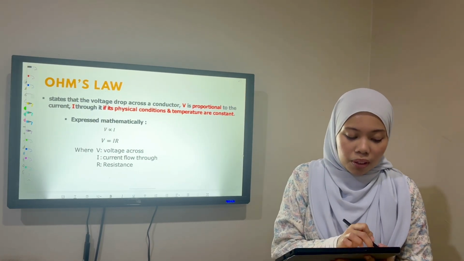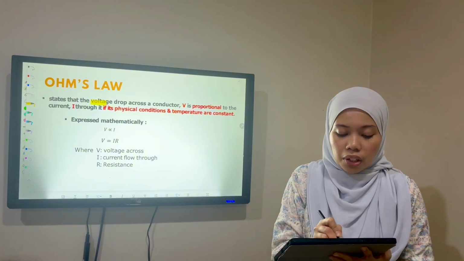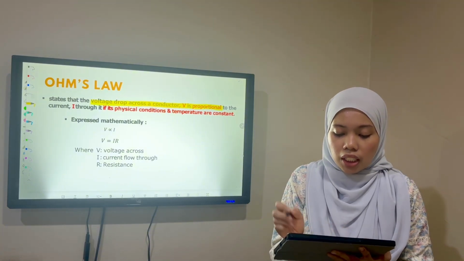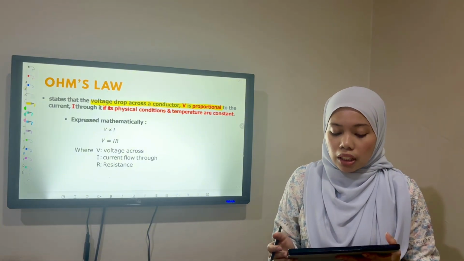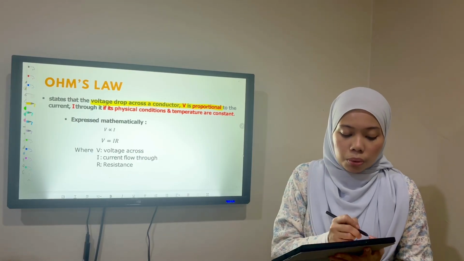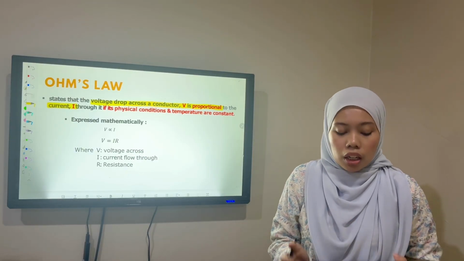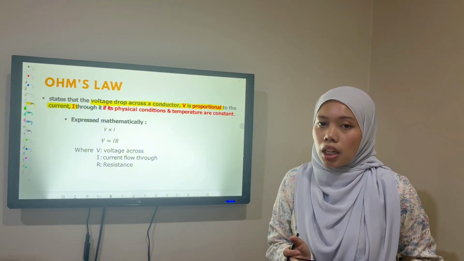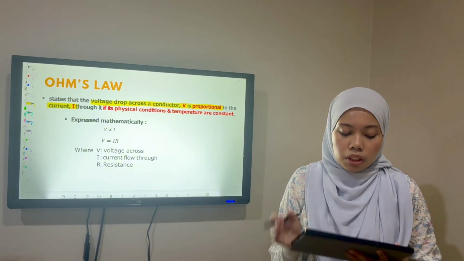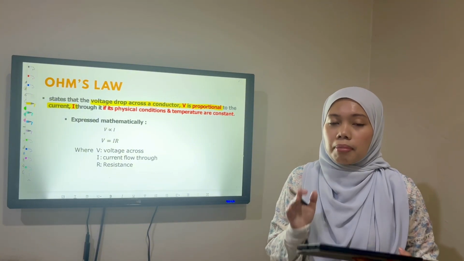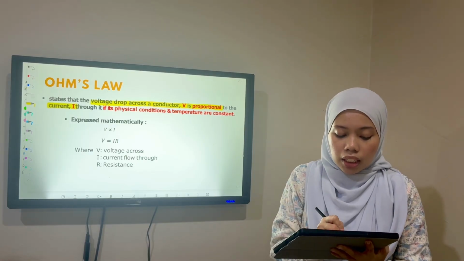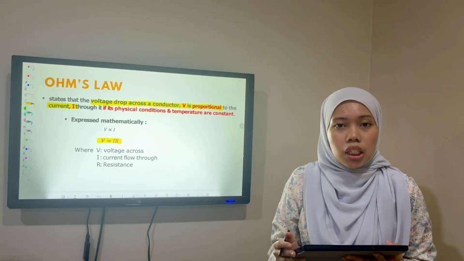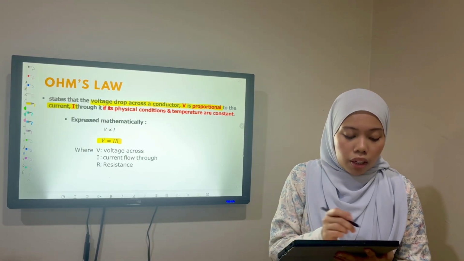Ohm's law states that the voltage drop across a conductor V is proportional to the current I, provided its physical condition and temperature are constant. Ohm's law can also be expressed mathematically in the equation V equals IR.